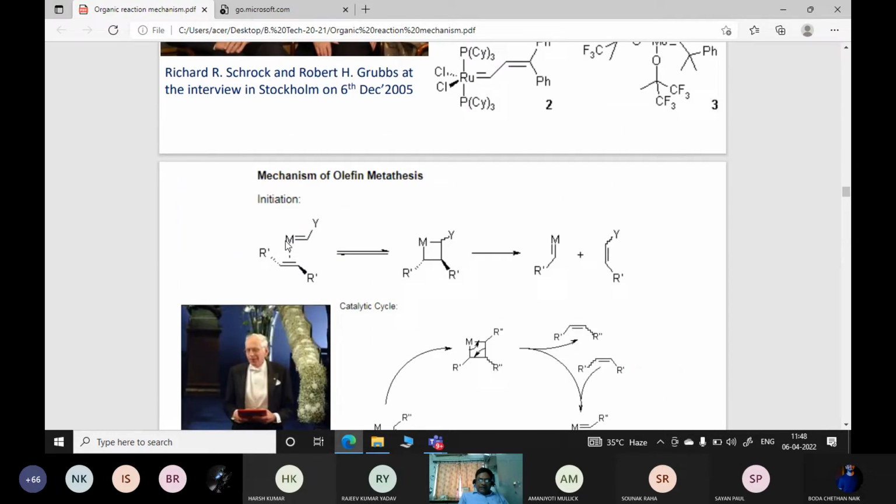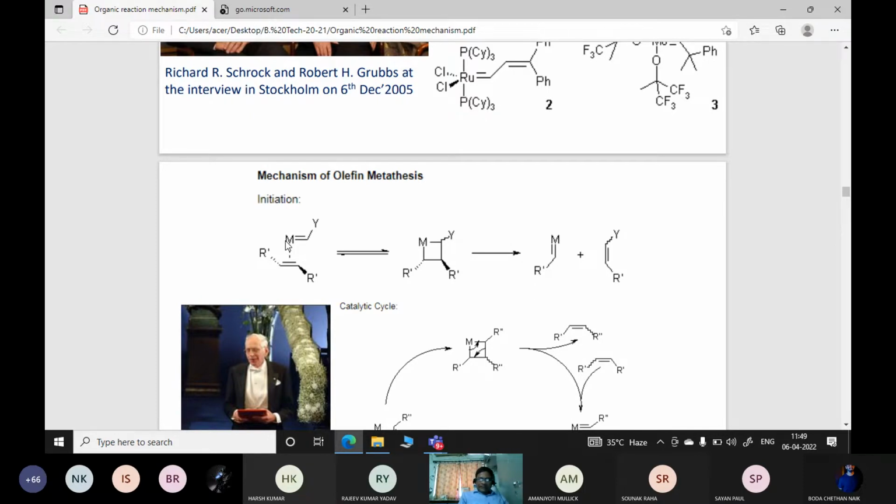So you imagine the importance of the mechanism. Until you propose the mechanism, it will not be 100% satisfactory to the research community, the scientific community. So when it was discovered and accepted throughout the globe, they were awarded the Nobel in 2005.